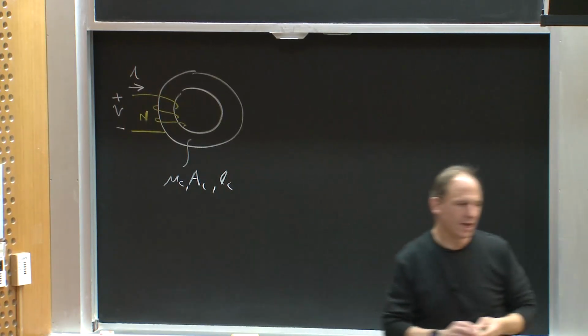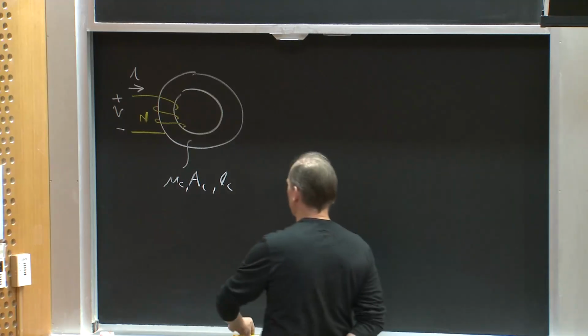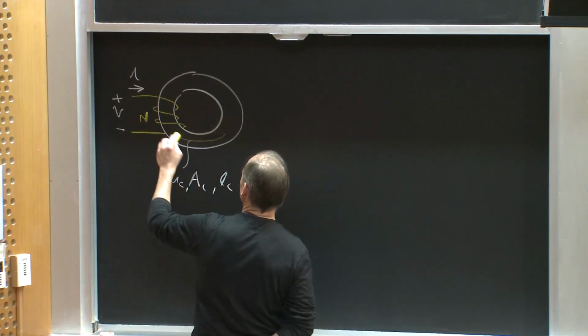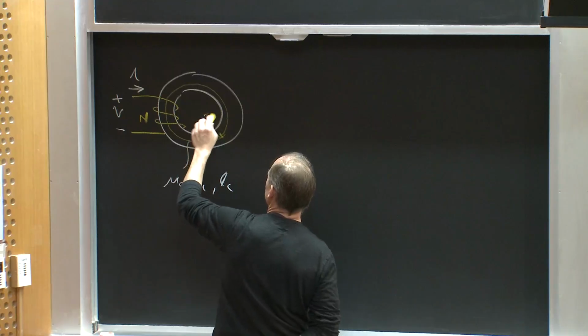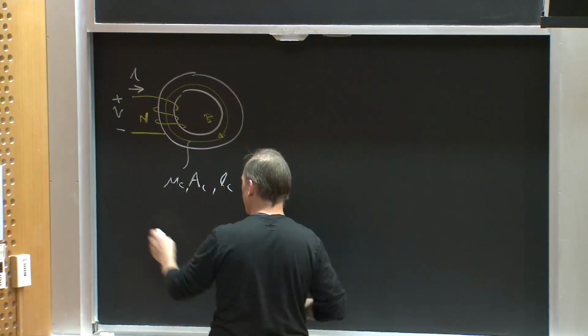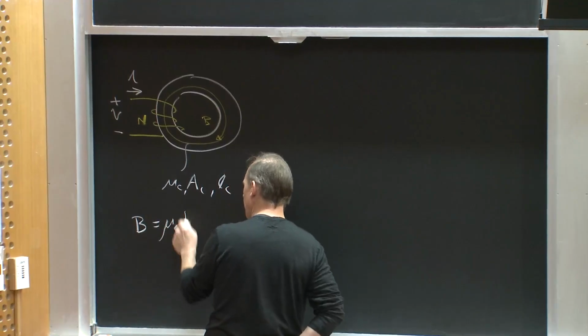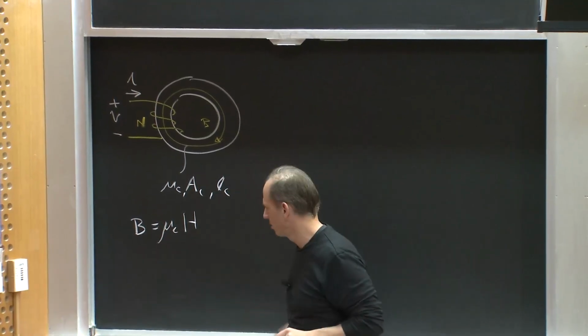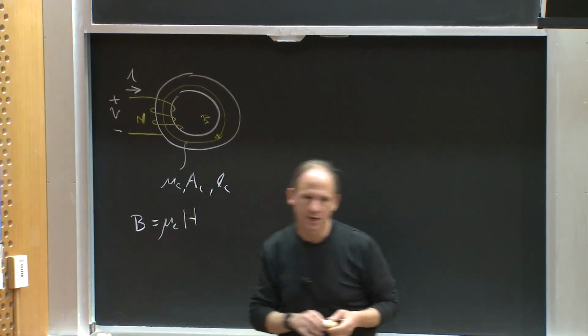Okay? And we kind of analyzed this thing, and what we found is that if I had a flux density B in the core, B in the core is equal to mu core times H in the core, the magnetic flux density and the magnetic field strength, okay?